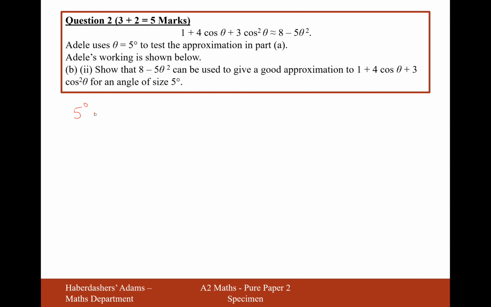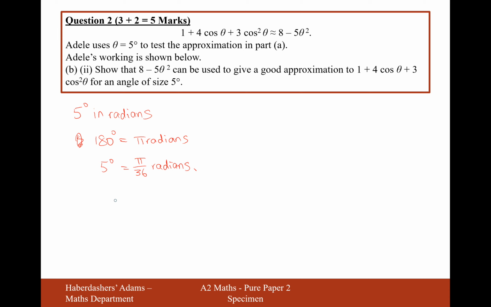Now remember, 180 degrees is pi radians, and if we want 5 degrees, then 180 divided by 5 is 36. So if we divide both sides by 36, we get 5 degrees equals pi by 36 radians. That's the first really important step to calculating this approximation: 5 degrees needs to be converted into pi by 36 radians.